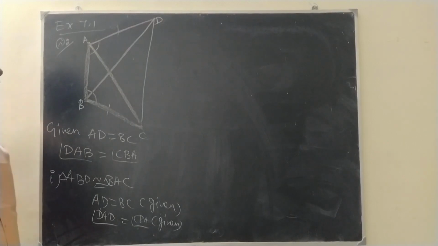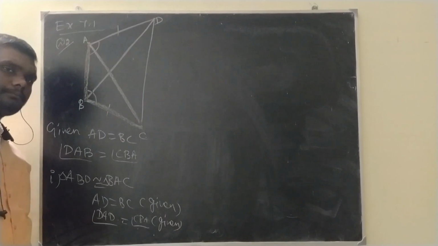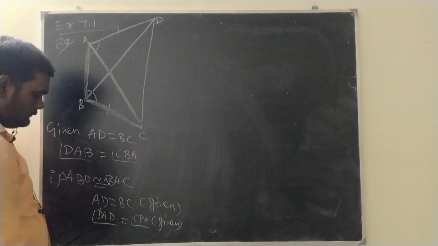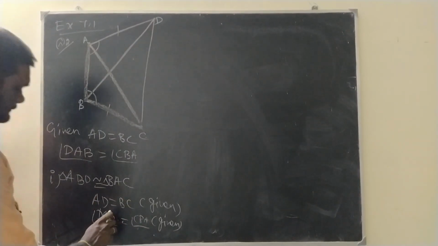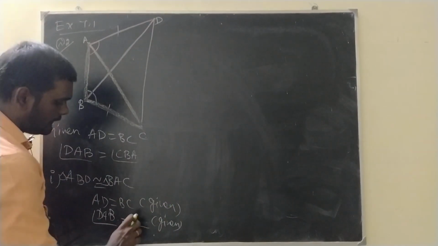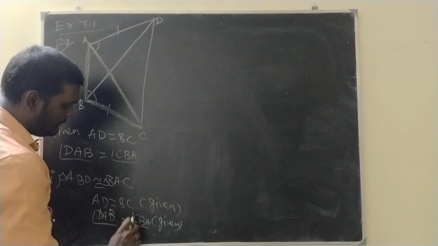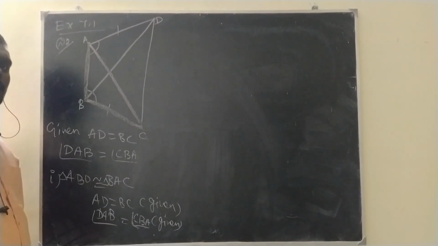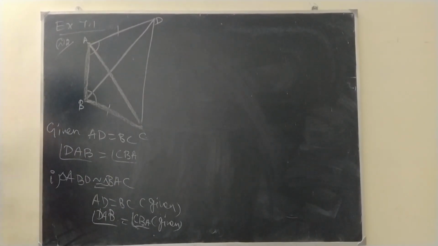Anything else we can say about these two triangles? Angle DAB is equal to angle CBA, as per the given, I wrote. Now, any other things you see common? Nothing common. What about the side AB?